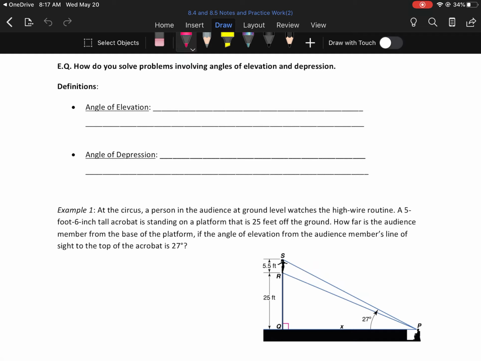An angle of elevation is the angle between the line of sight and the horizontal when an observer looks forward.